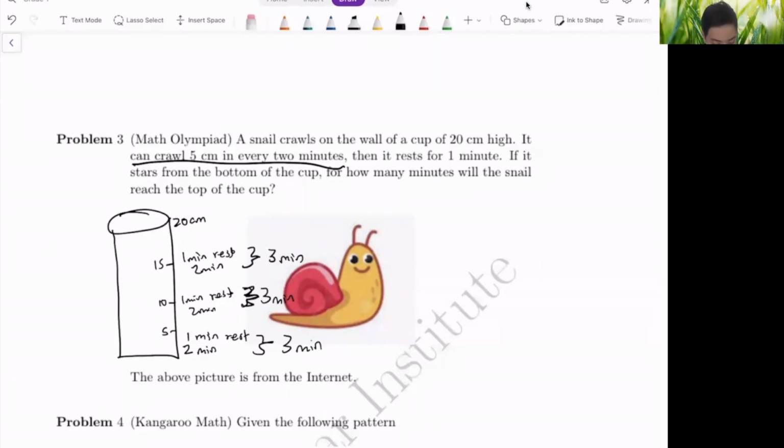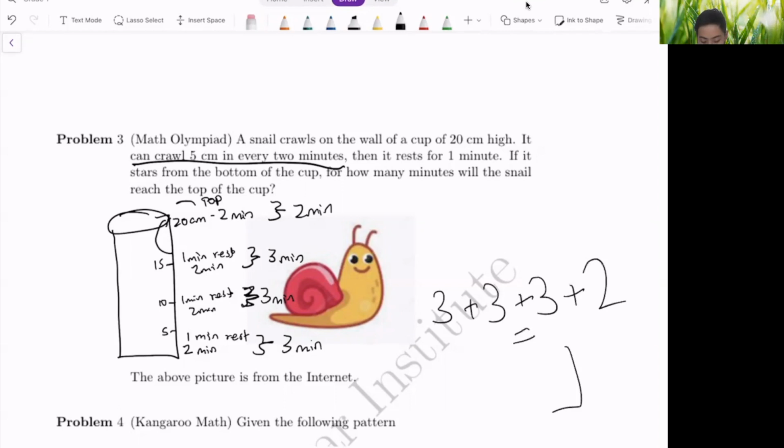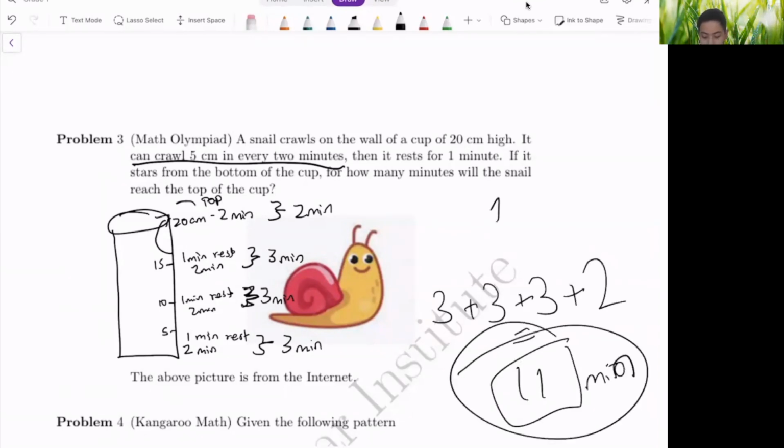Since he has gotten to 20 and he takes 2 minutes to climb 5 centimeters, that means that he doesn't need to rest anymore since he has already reached 20 centimeters. So that is only 2 minutes. So now let's add all of these numbers together. 3 plus 3 plus 3 plus 2, and that just gives us 11 minutes. So the answer is 11.